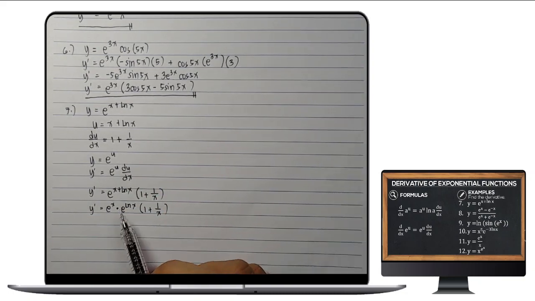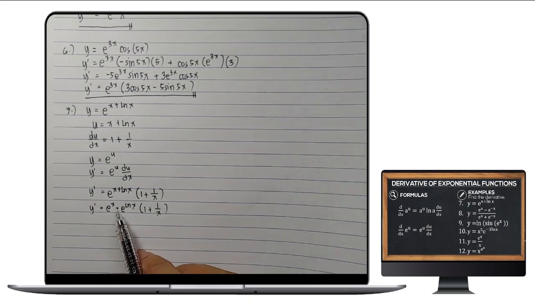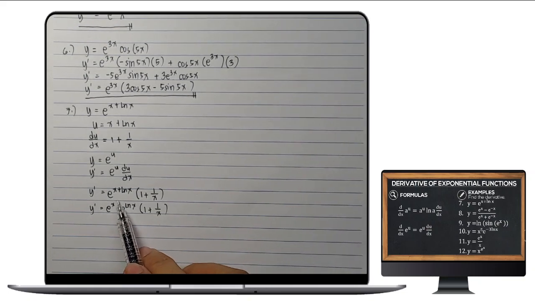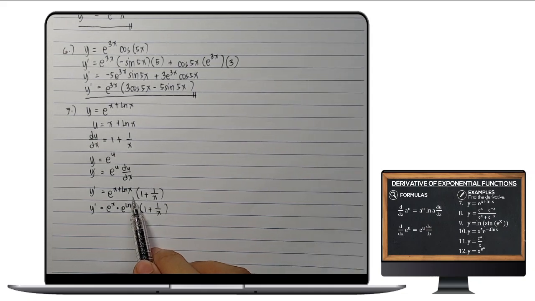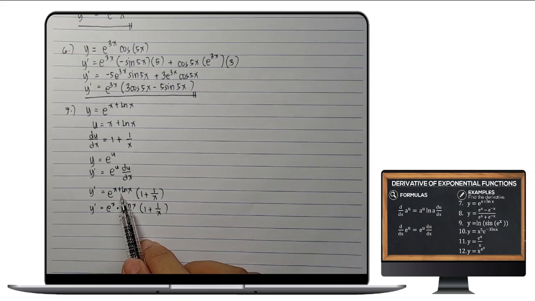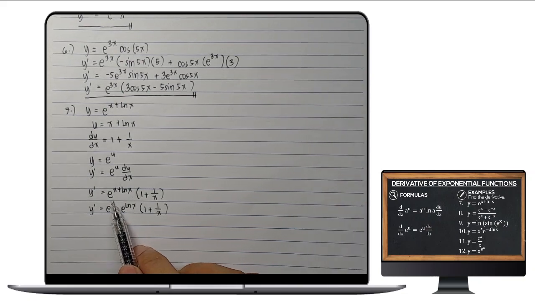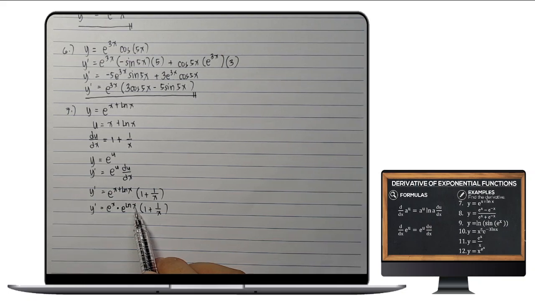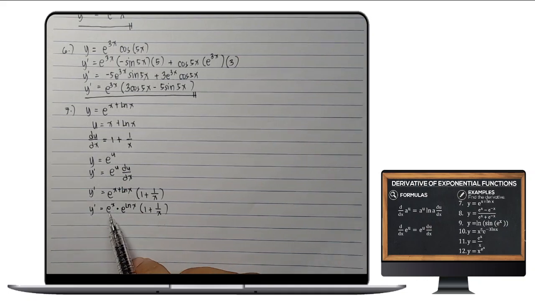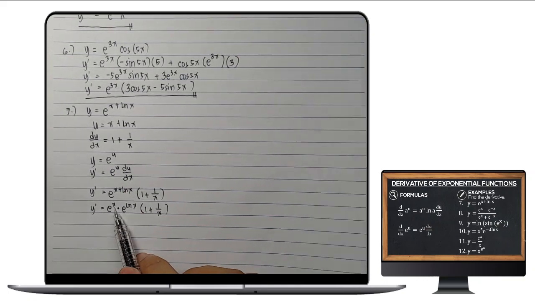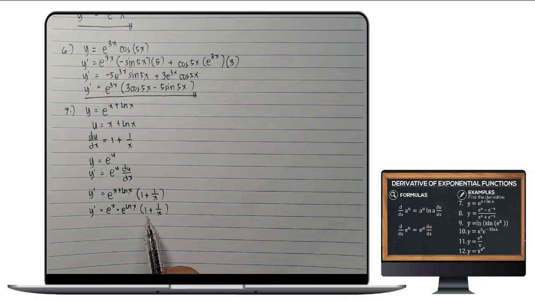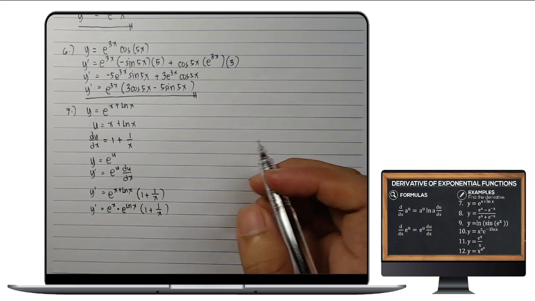So we have y prime is equal to e raised to x times e raised to ln of x. I just expand this function. So instead of writing it as e raised to x plus ln x, I can write it as e raised to x times e raised to ln of x. So that is same base, add exponent. So it's just the reverse: same base, which is e, add exponent, so that is x plus ln x. So I just expanded it, multiplied by 1 plus 1 over x.